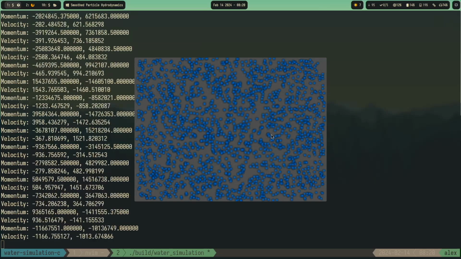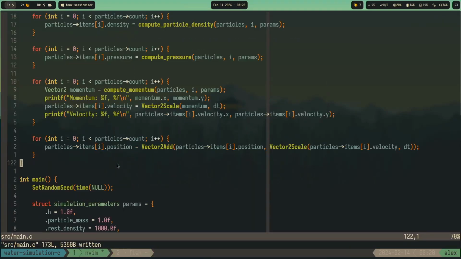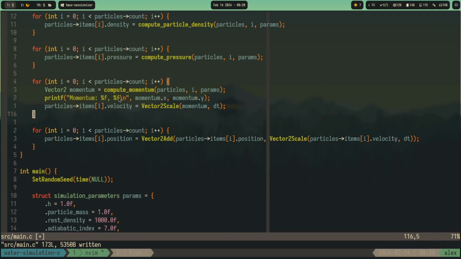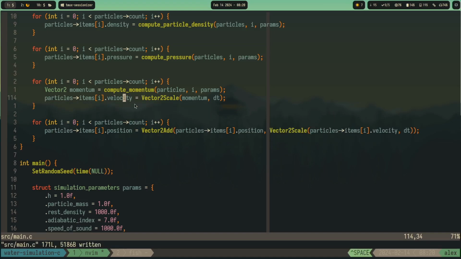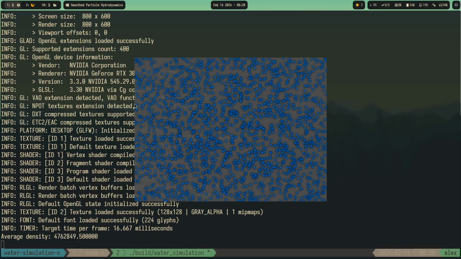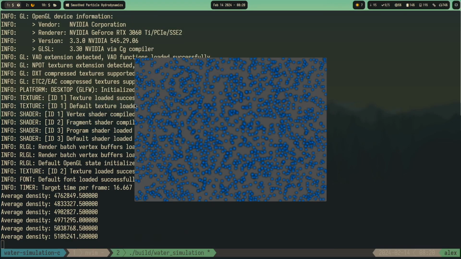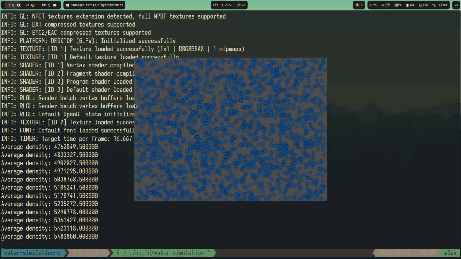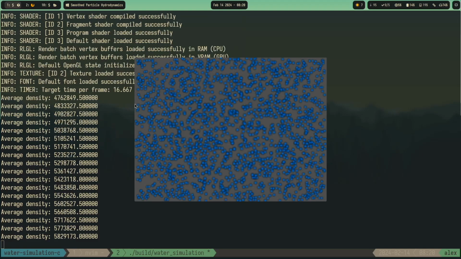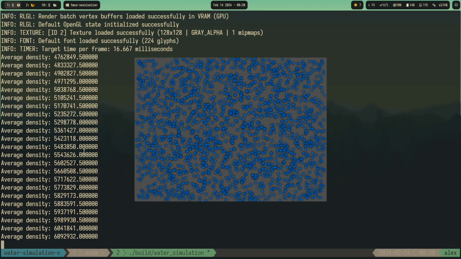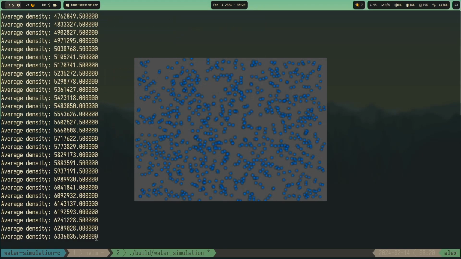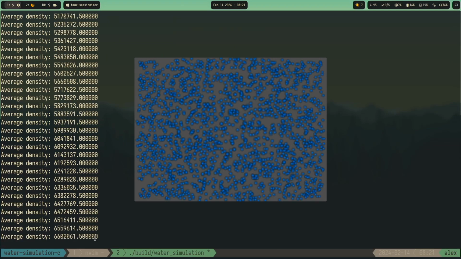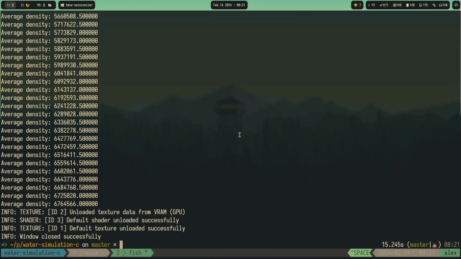Wait, why does it go towards the center? But I mean it's painfully slow. I guess it's just the frame rate. It takes almost 1 second each frame. Let's put less particles.